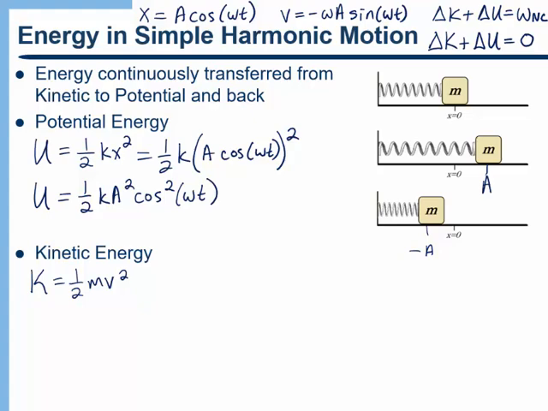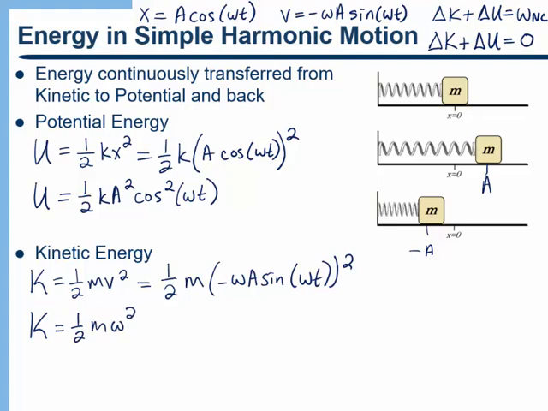Now, if I want to know the kinetic energy at a particular time, I can plug in the velocity: 1/2 m times negative omega A sine omega t quantity squared, or the kinetic energy is 1/2 m omega squared A squared sine squared omega t.